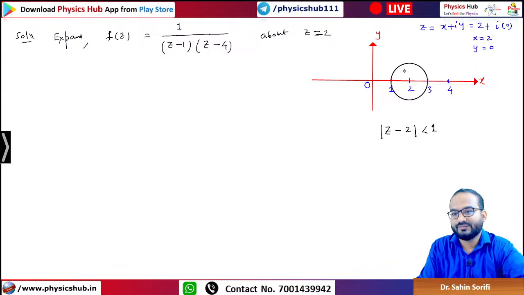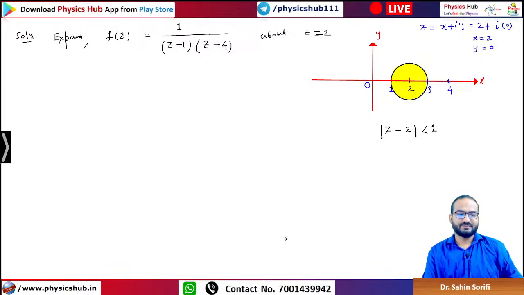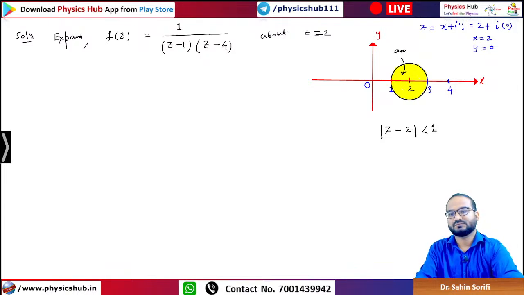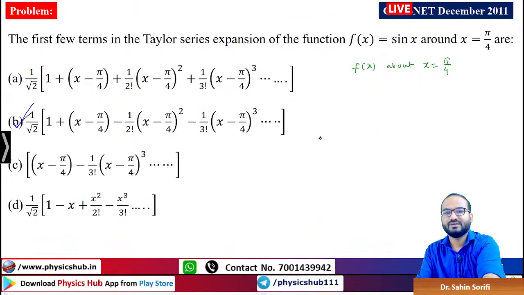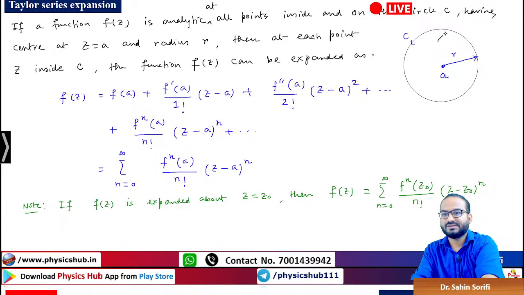This is a circle with center at z equals 2 and having radius 1 unit. So the expansion needs to be done in this region inside the circle, right? So inside the circle the function is analytic and you can expand it in a Taylor series. Is it clear? So the function is analytic here. That is the way we consider the Taylor series for this region.